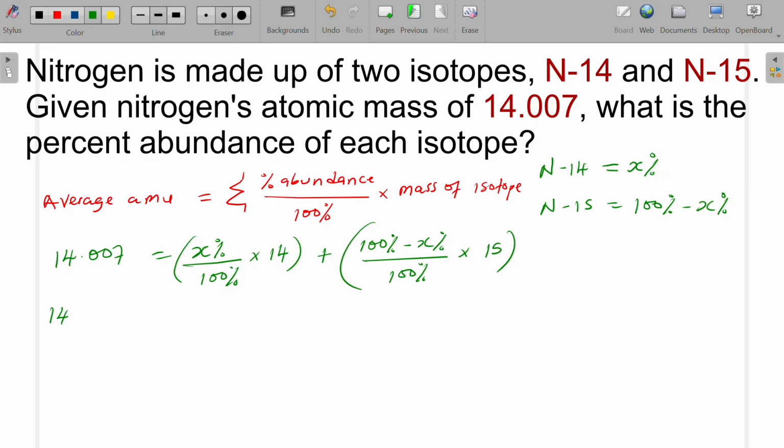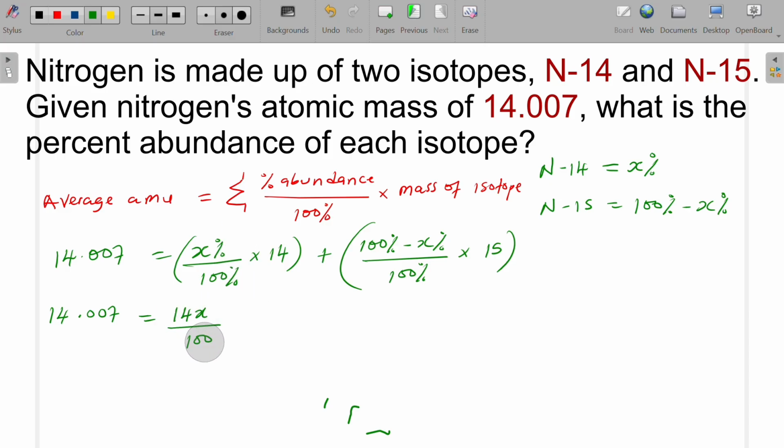On the left side, we still have 14.007, and this is equal to, now when we multiply X by 14, we have 14X, and this will divide by 100. The percentages have cancelled since we have the percentage down here and on top there, they've just cancelled.